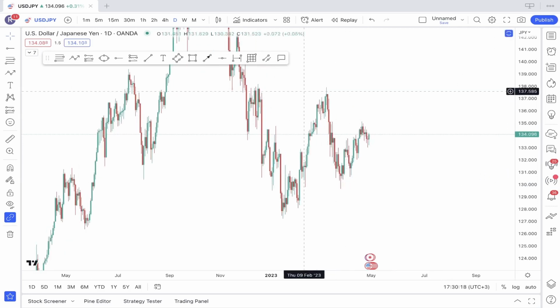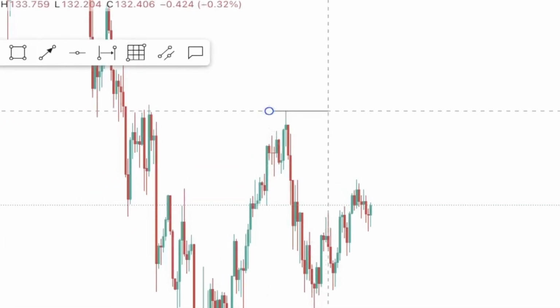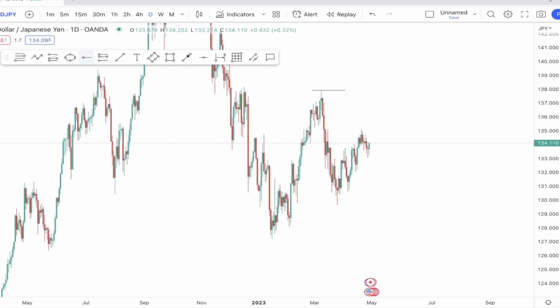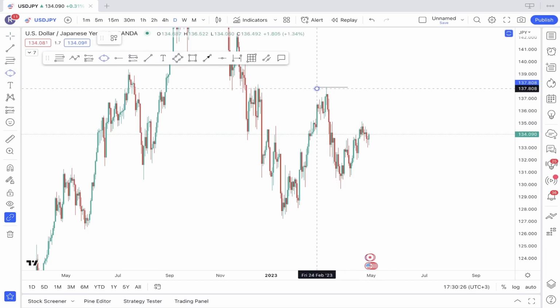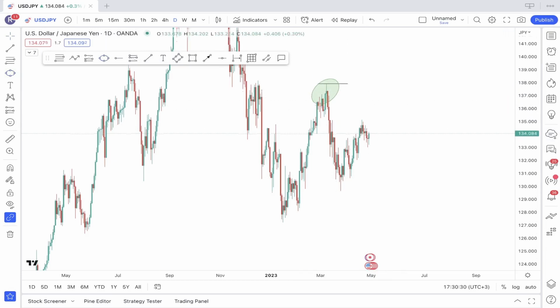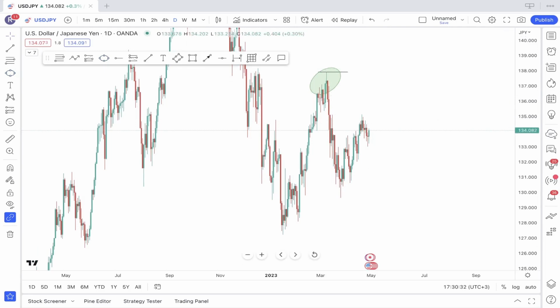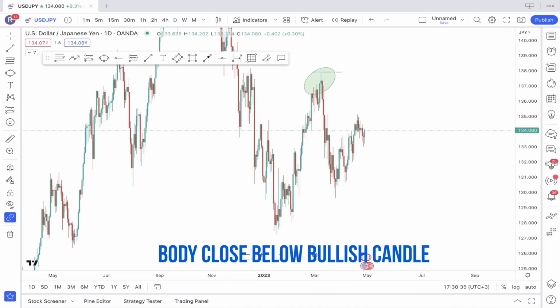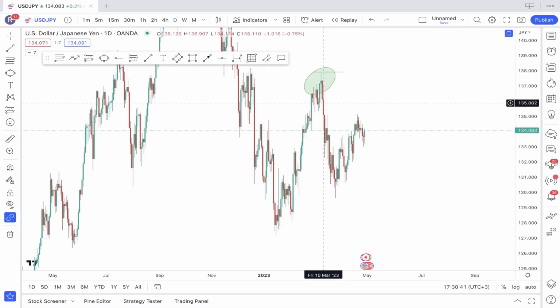So a valid high for me would be, for example, this one right here. For a valid high to form, I have to see a green candle, a bullish candle, getting a red candle closing below, fully closing below with its body, not the wick. I need to see a full body closure of a red candle below a green candle, which we do have in this case.